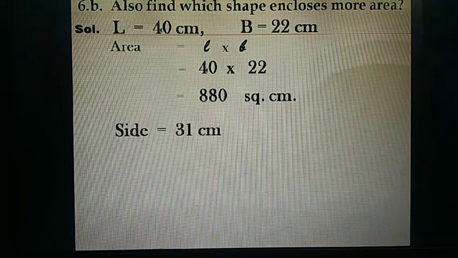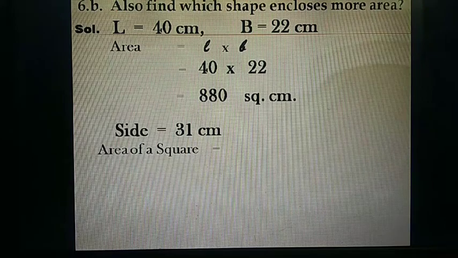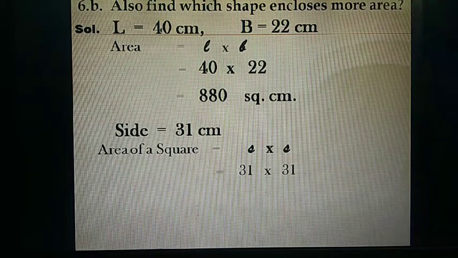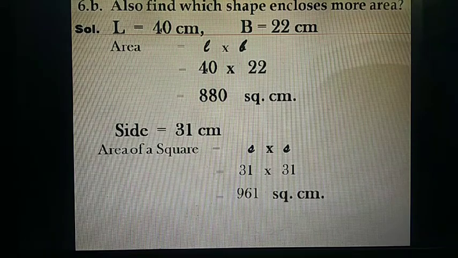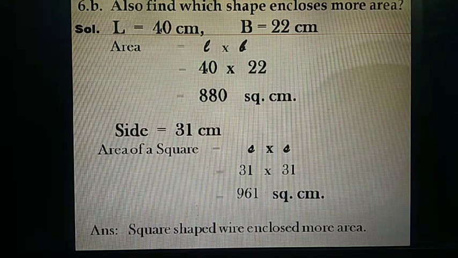Then consider the side of a square and you will find the area of a square, which is side into side. Putting the value of side as 31, so you will get 31 into 31, which is 961 square centimeter. Compare the values and you can write that square shaped wire enclosed more area.